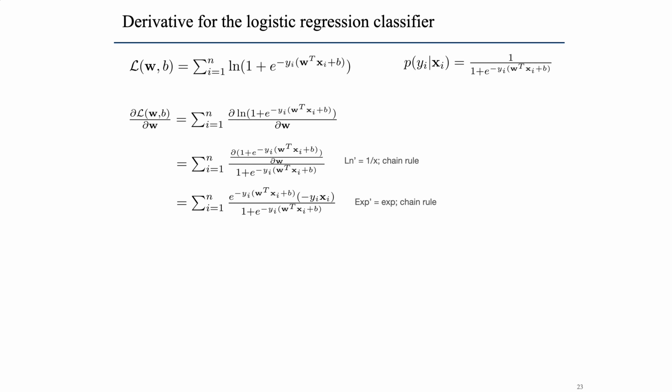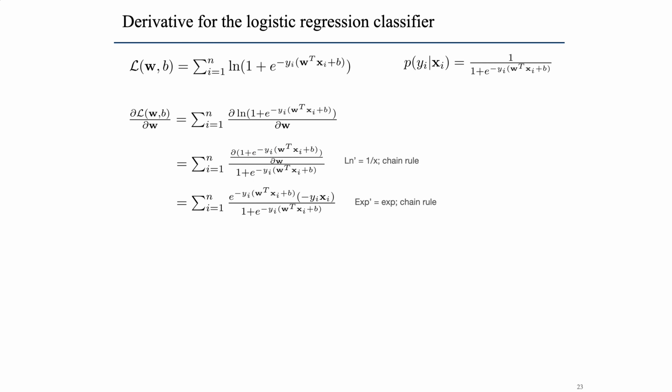Okay, next step is we need to get the derivative of this exponential. The derivative of an exponential is just an exponential, because exponentials are weird. They're their own derivative. So that's great. This is the derivative of the exponential that was right there.